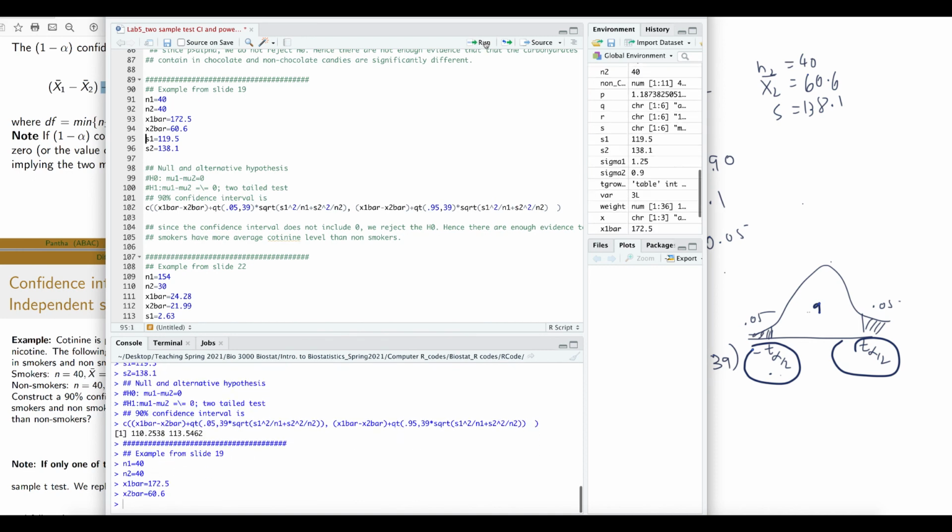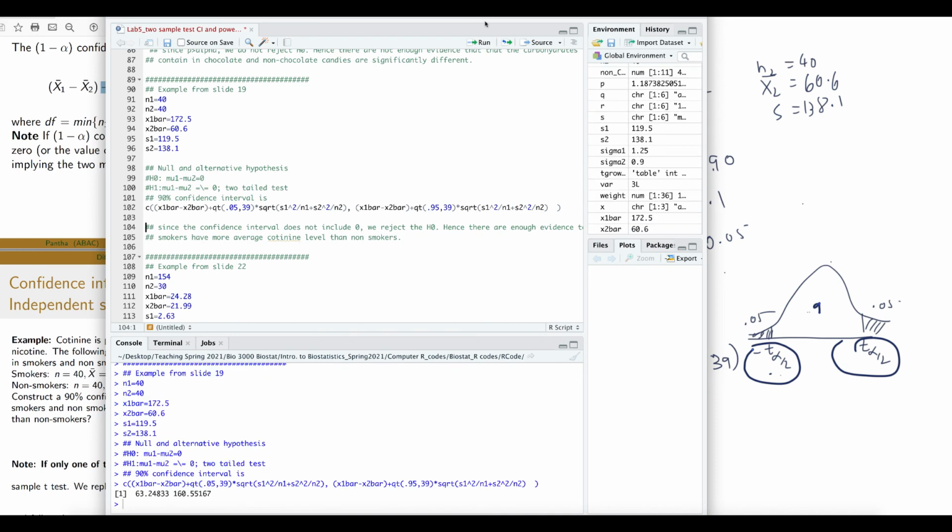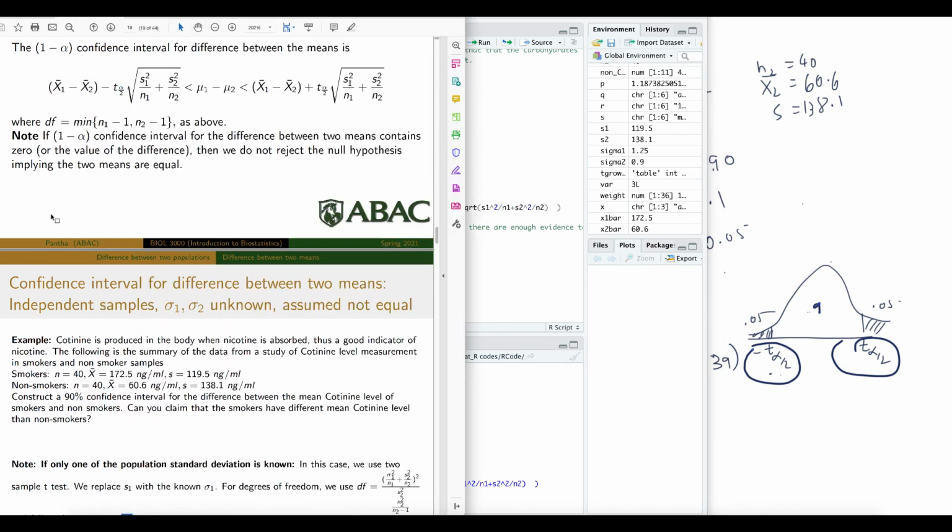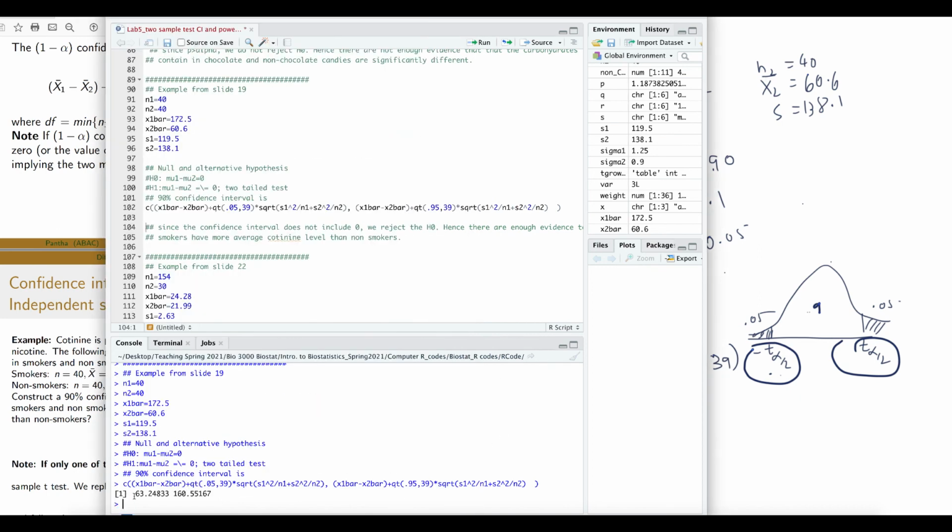What do I get? If I run from the beginning, this is what I get, 63 through 160. So the bounds of the confidence interval are between 63.24 through 160.55. So what does that mean? This means that since the confidence interval does not include 0, we reject H sub 0.